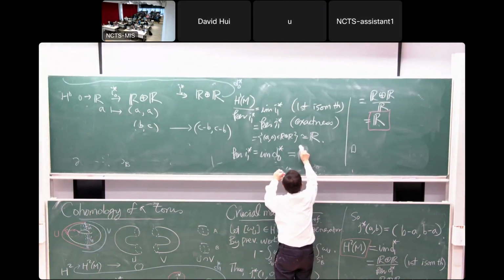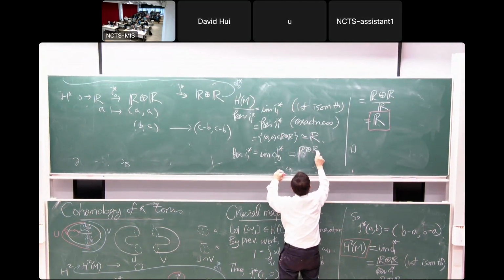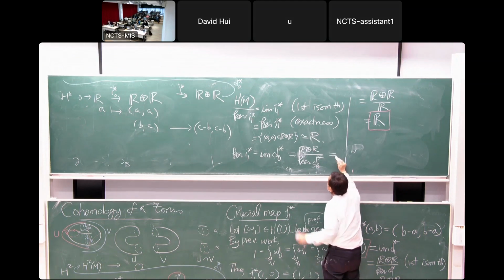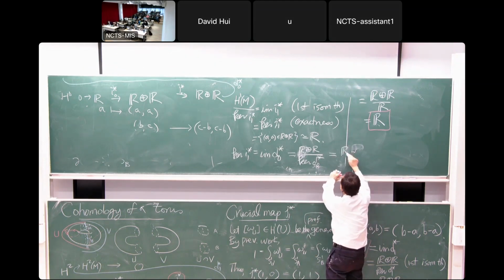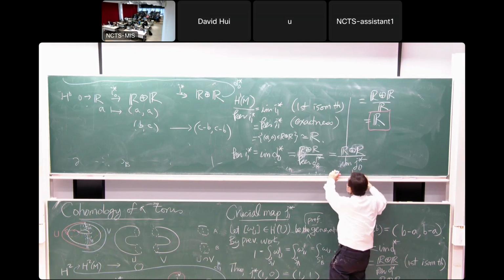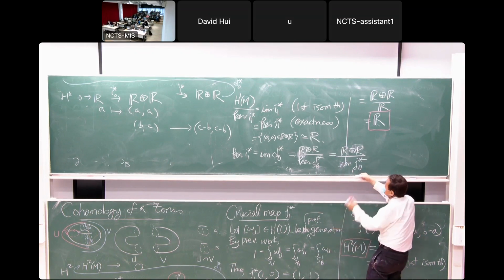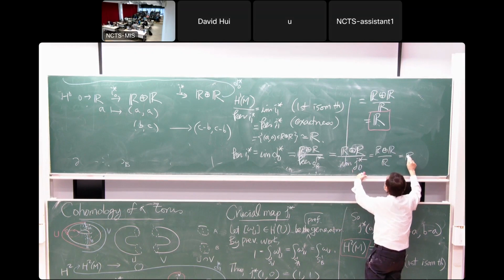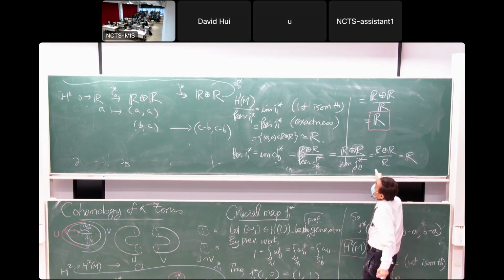So it's R plus R over the kernel of D0 star. And then the kernel of D0 star is the image of the preceding map, J0 star. And that, again, is the diagonal. So it's R, okay? The kernel of I1 star is R.